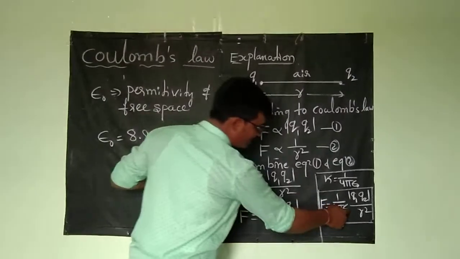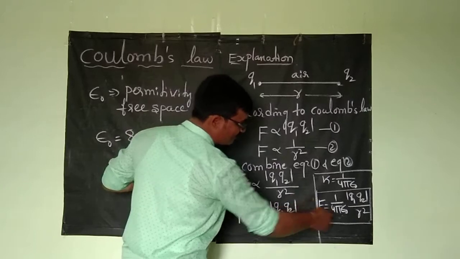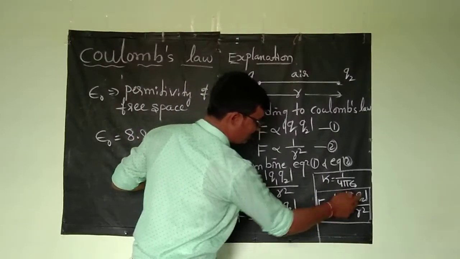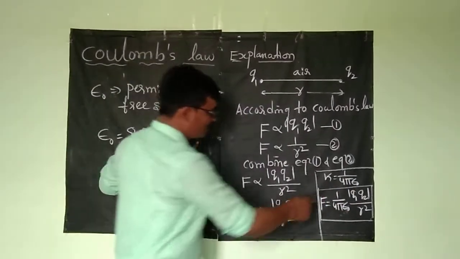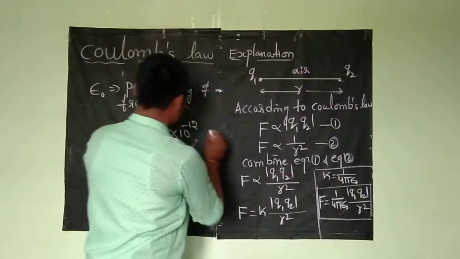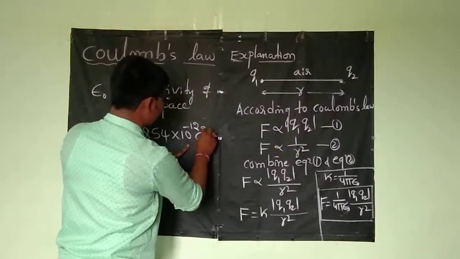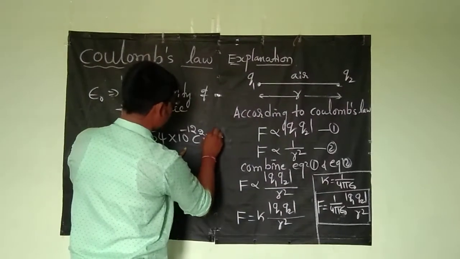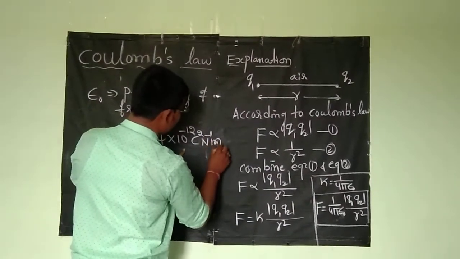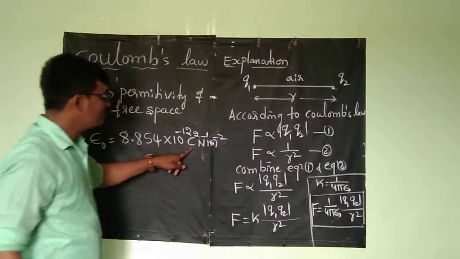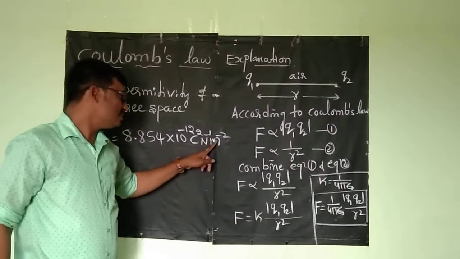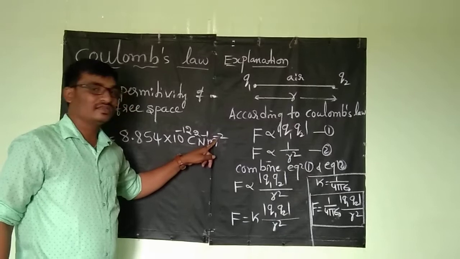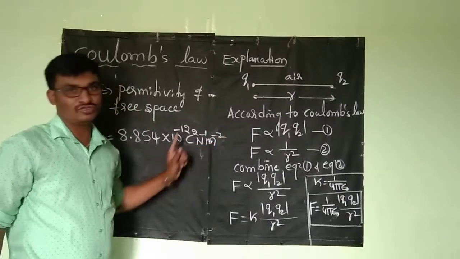If we keep epsilon naught on one side and F on the other, then q1 q2 becomes Coulomb square, force is Newton, and r square is meter square. So the unit is Coulomb square for Newton and meter square, or Coulomb square Newton meter power minus 2.